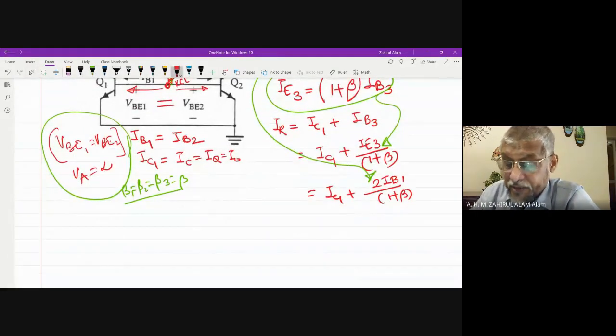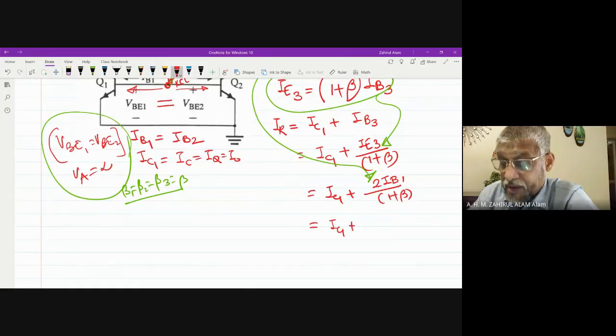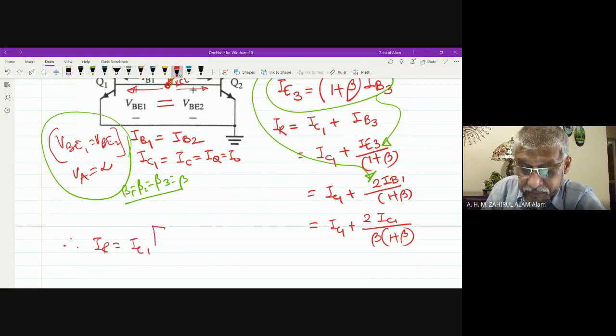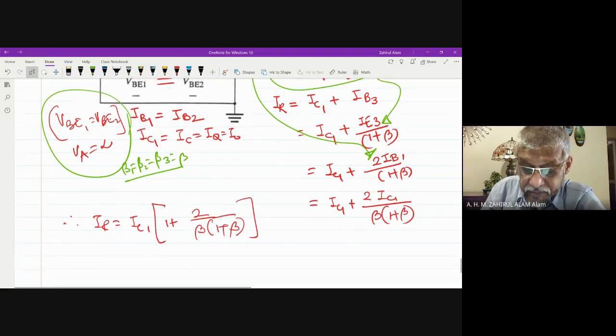So now if we simplify, I can write IC1 plus 2 IC1 divided by beta, 1 plus beta. So therefore IR is equal to IC1 times 1 plus 2 over beta, so is equal to I0.